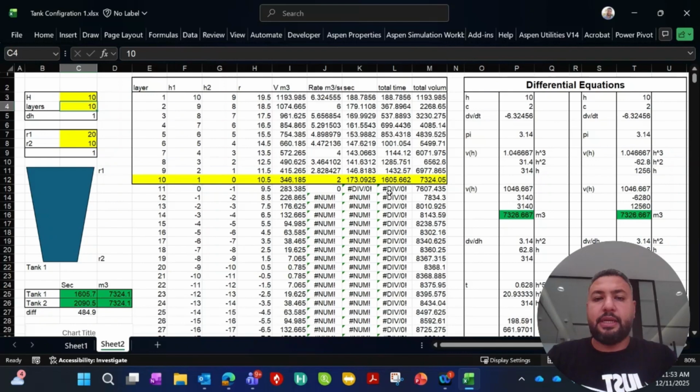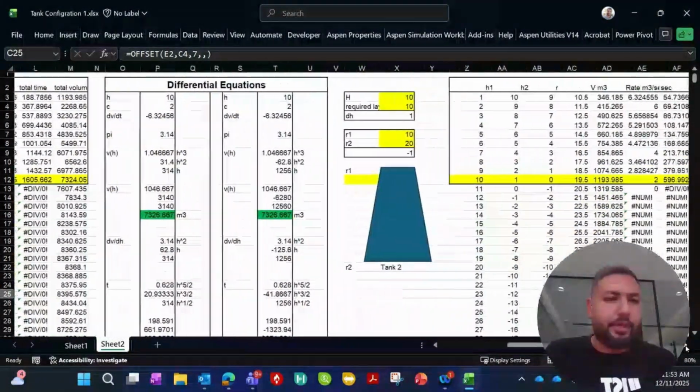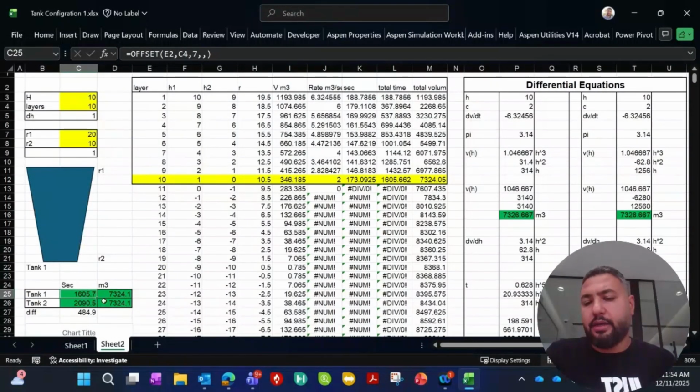So this looks nice, and I did the same calculations for the second tank, with reverse order of the radius. It is almost the same volume, but the time is more. So I brought them here just to avoid scrolling down or left and right. This is the first tank and this is the second tank.